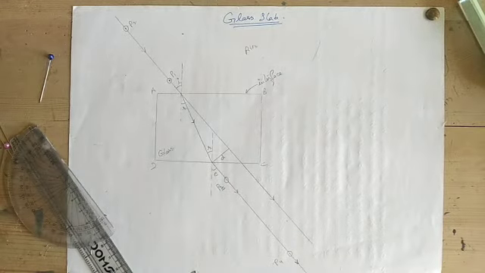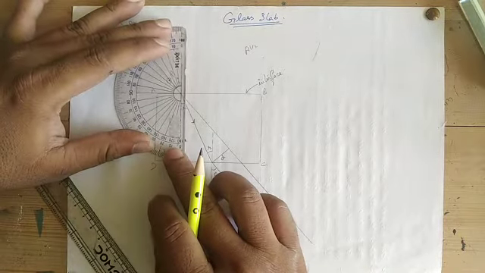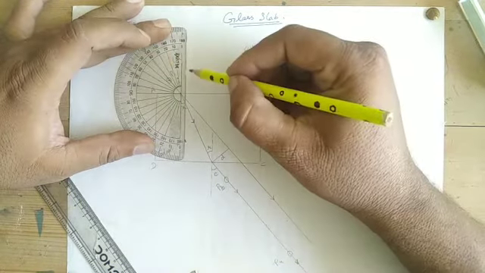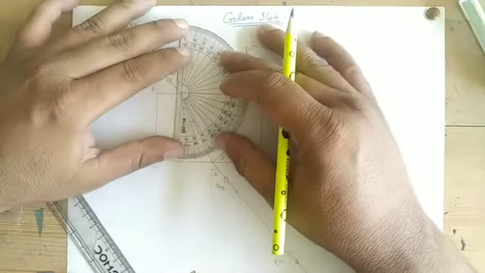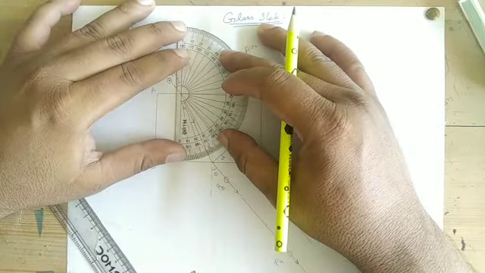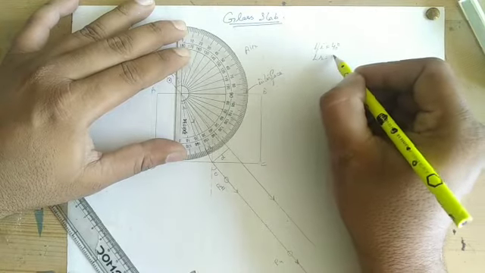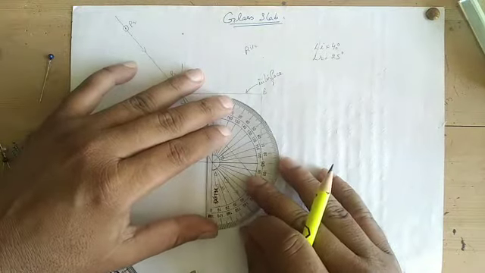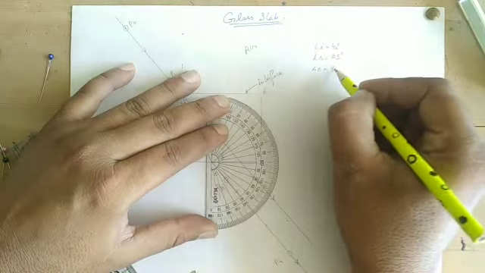Now students, if I measure the angle I, angle R and angle E, what will we get? So measuring the angle I, angle I is equals to 40 degree. Angle R is equals to 25 degree, and angle E is 40 degree again.